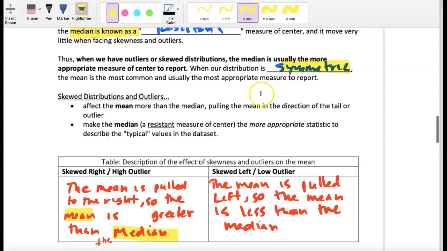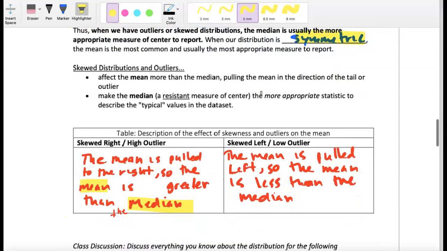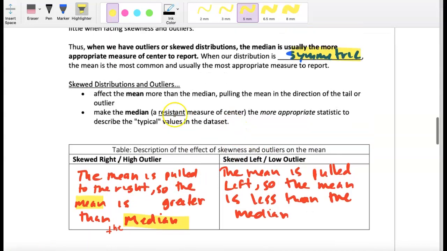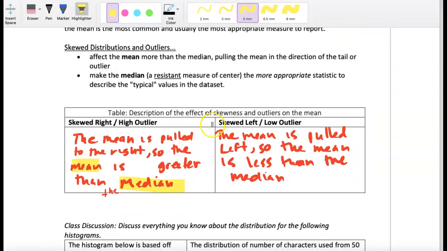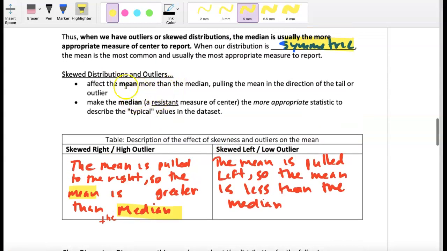The key thing, again, as we think about this, is for you to identify the distribution. And so here is a table that summarizes some of the text you'd see in the book, right? We use the mean when the data is symmetric. We use the median when we have skewed data or outliers.